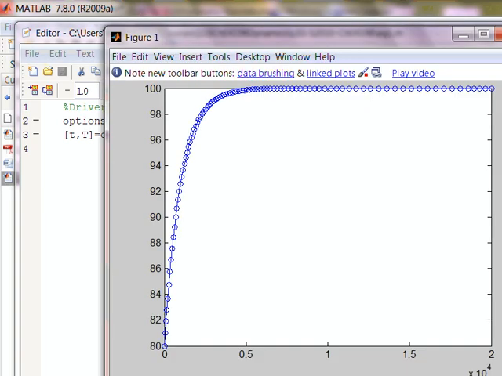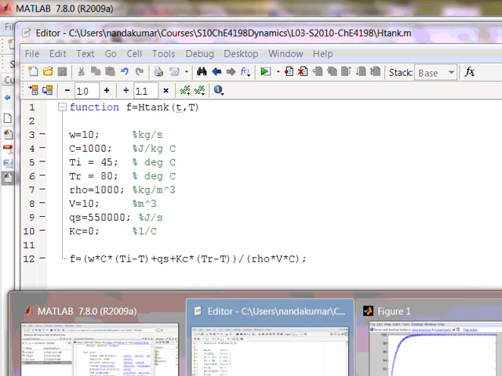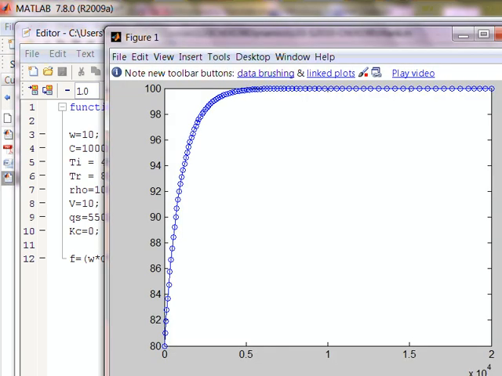What is it now? 100 degrees. Initially it was 80, and what was the delta T? The set point is the TR, the initial condition was 80, and if I put in 550,000 joules per second, the final steady state temperature is going to be 100 degrees without any control action.